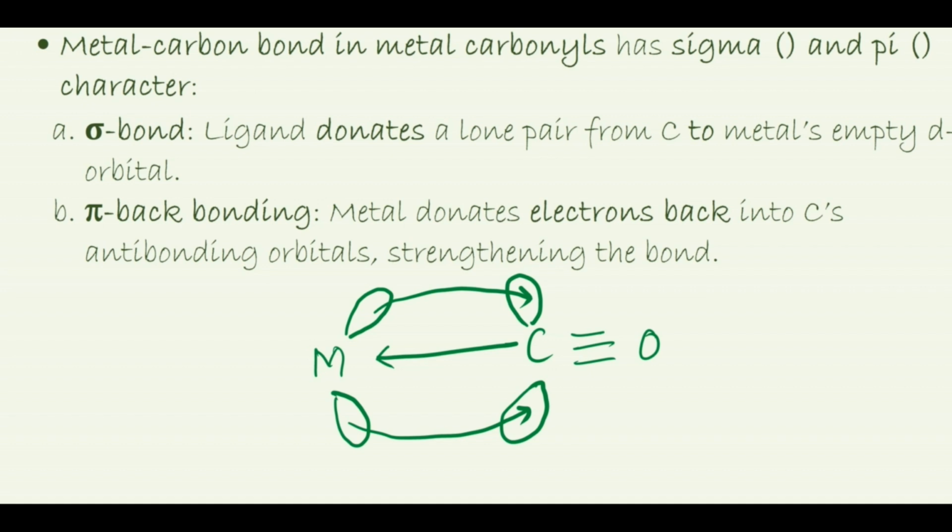So the metal is giving electrons to the vacant anti-bonding orbital of the carbonyl ligand. Okay, this effect is also called the synergic effect. It is the characteristic property of back bonding that stabilizes or strengthens the metal-ligand interaction. Okay.